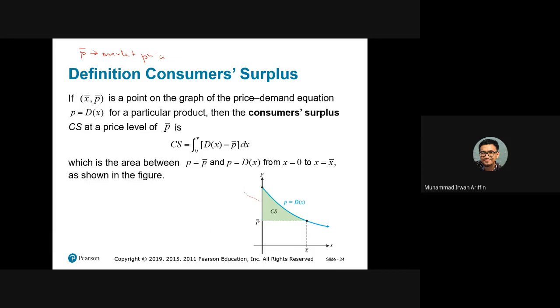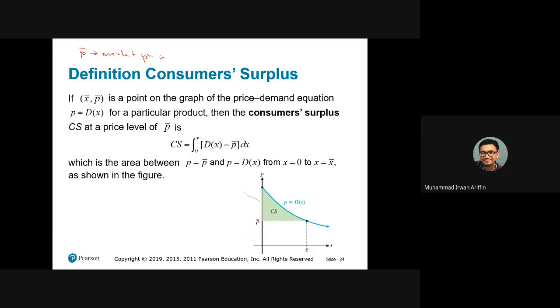If this is the equilibrium market price, this will be the equilibrium market quantity, X bar. But there are still some people who are willing to pay more, yet they are only required to pay P bar.